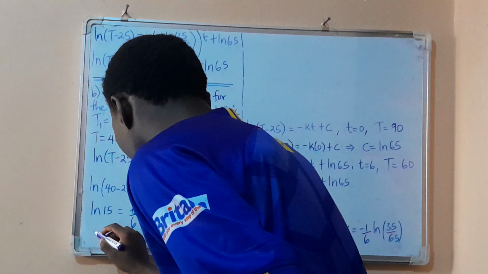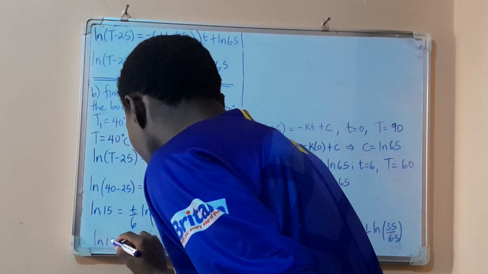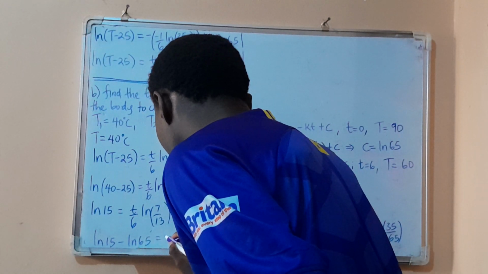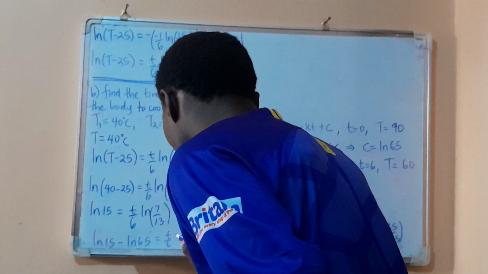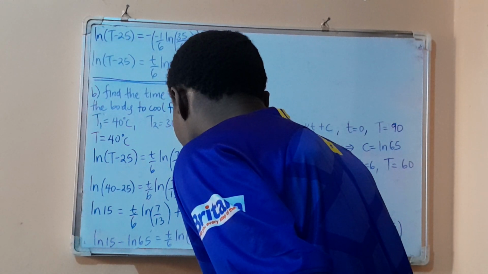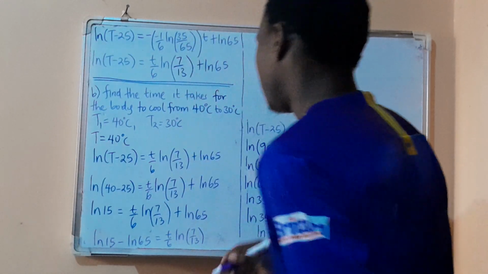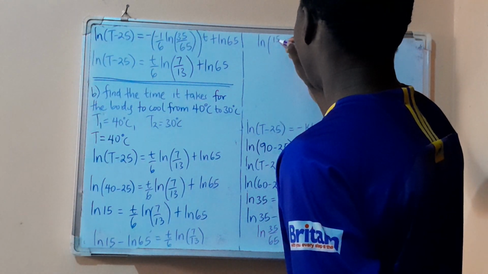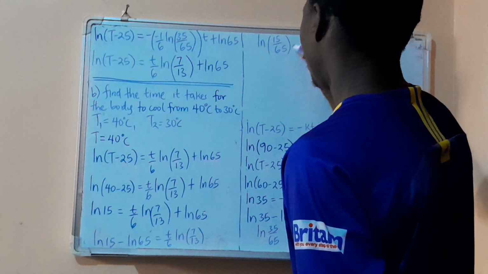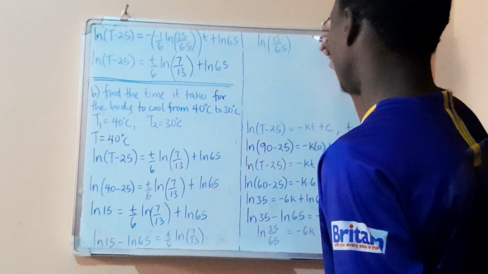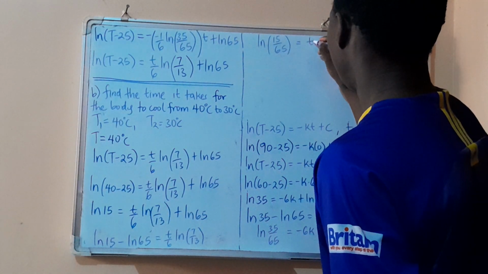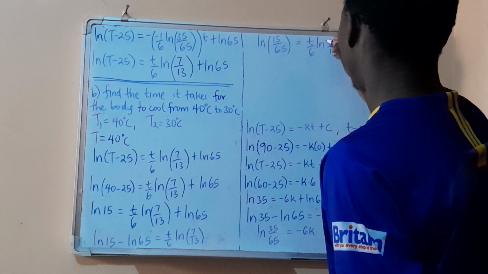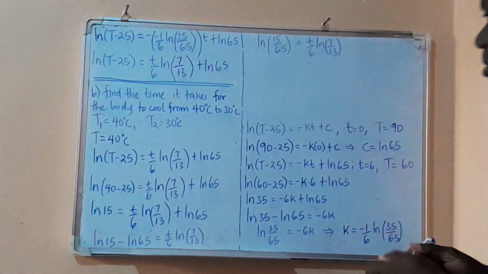We shall have log 15 minus log 65 is equal to T over 6 log 7/13. So log 15 over 65 is equal to T over 6 log 7/13.